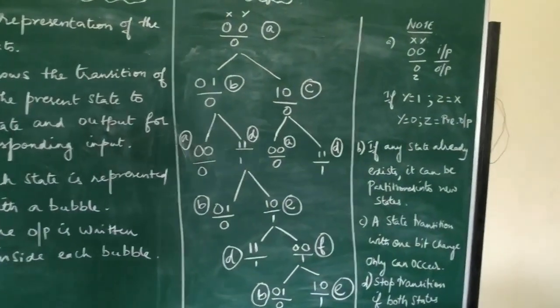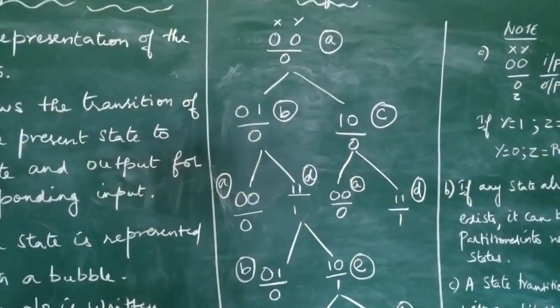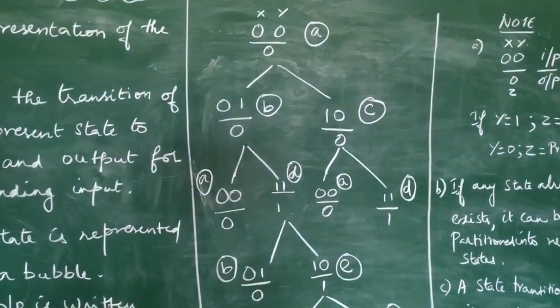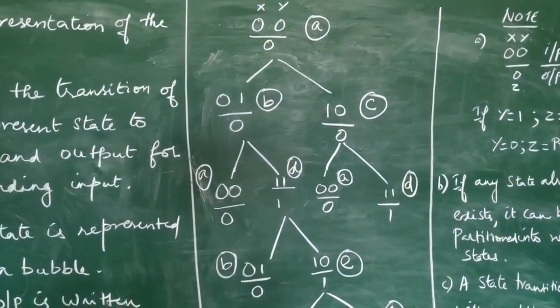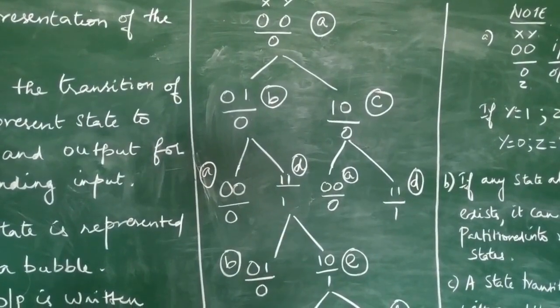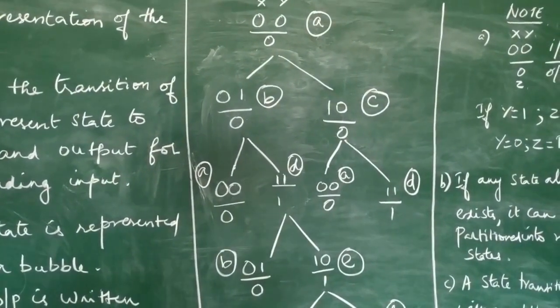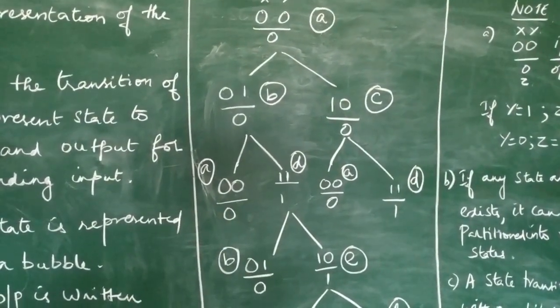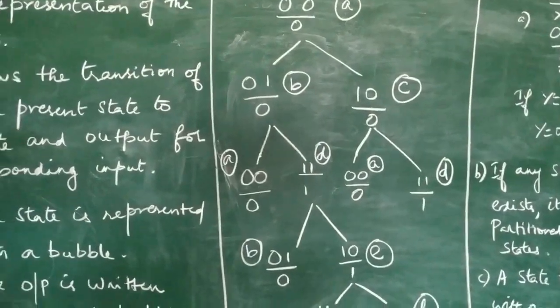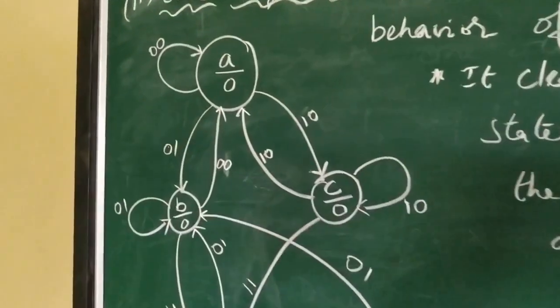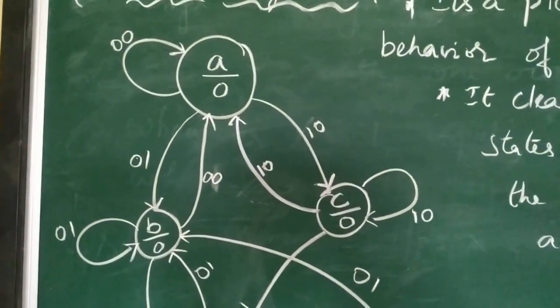In the flow diagram, the first state is A. I have already told you how to name the alphabets, and the alphabet should be given in the bubbles. So the A state is 0 0 by 0. Write the output inside the state, so A/0.